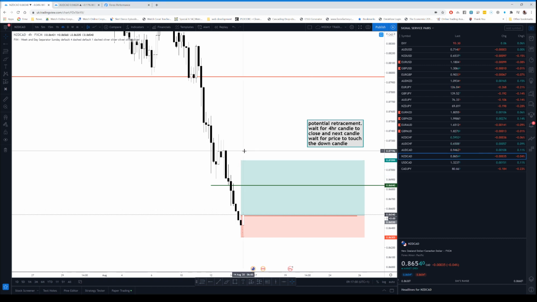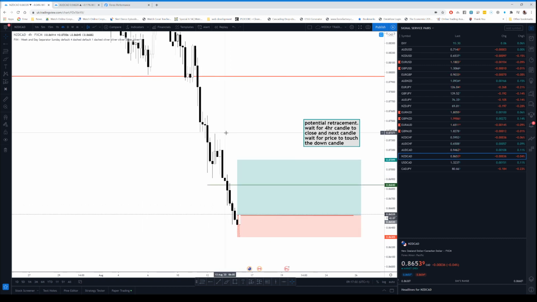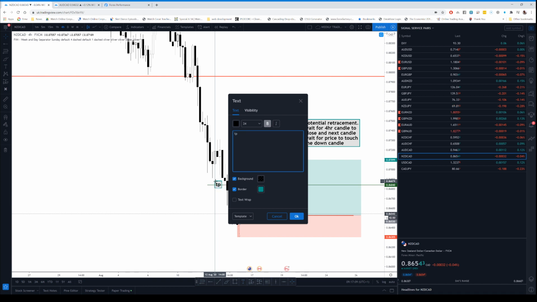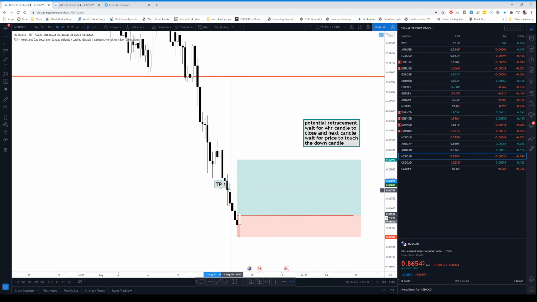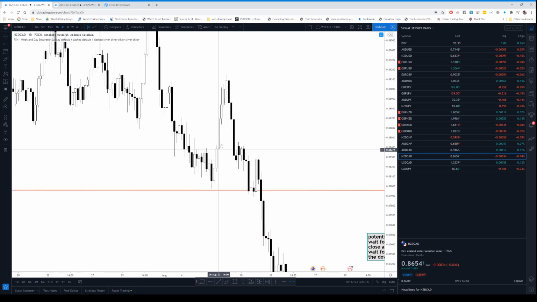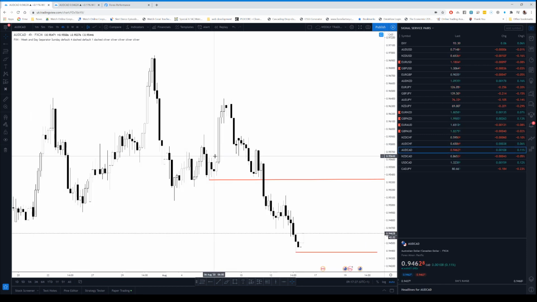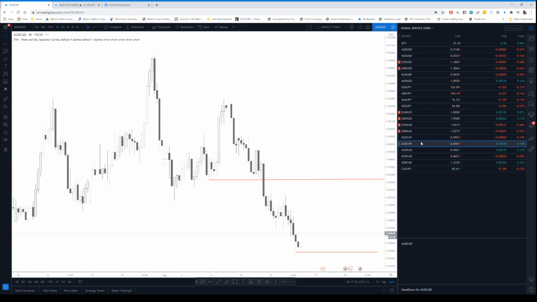Okay, so 50%, and then you hold on to some of it and see how far it's gonna go. But this is your TP. Last time I did call something like this and it just flew away. It went past 50%. Actually it was Aussie Cad. Hang on.